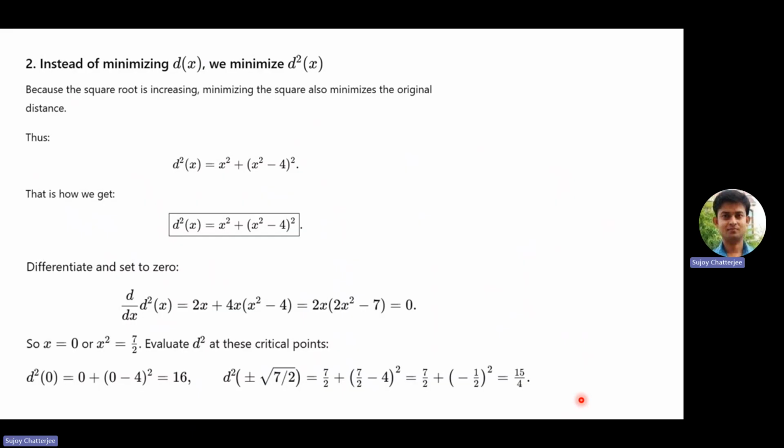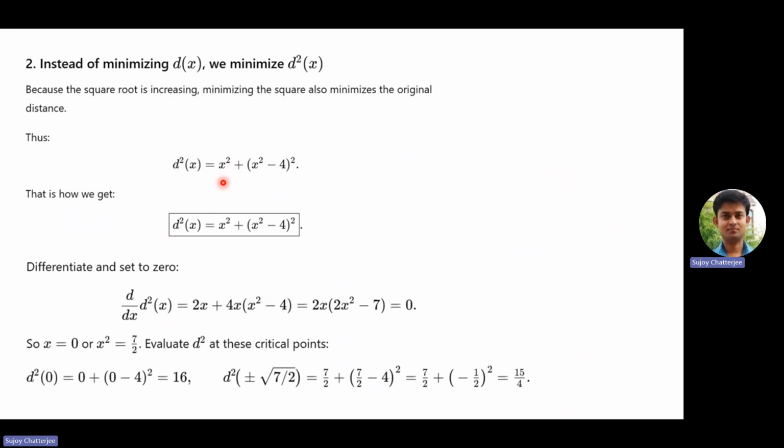This is one application where we can use it, because we have this under a square root. Since it is very difficult to solve with the square root, we can find the derivative using differential calculus, and that will make our calculations very easy. Because the square root is increasing, minimizing the square also minimizes the original distance.